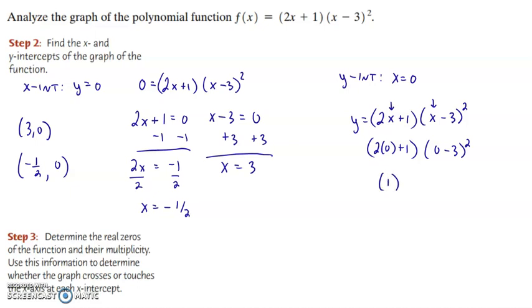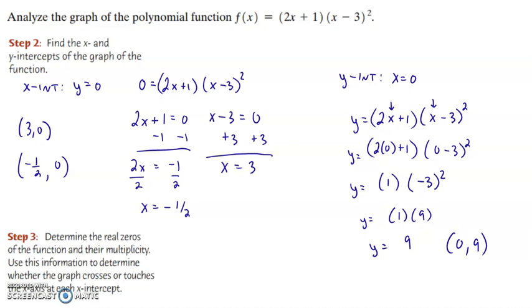So this will give us positive 1 times a negative 3 squared. Negative 3 squared is a positive 9. So our y value is going to be equal to 9. So as a point, our y-intercept will be the point (0, 9).